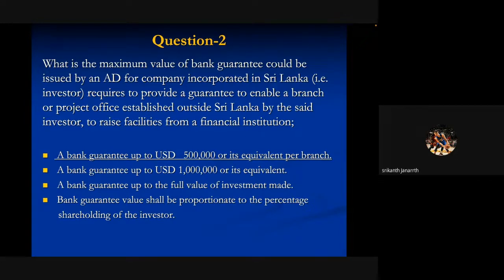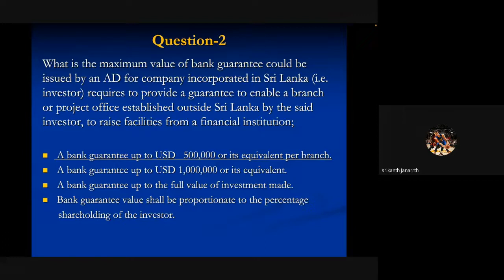A $1 million investment you can make when you have invested in a company where you have the facility, not as a branch office. Your branch office is fully owned by you. If you are making an investment as a subsidiary company, or a company where you have less than 50% share, you don't have more than 50%, so you consider it an associate company, less than 50.